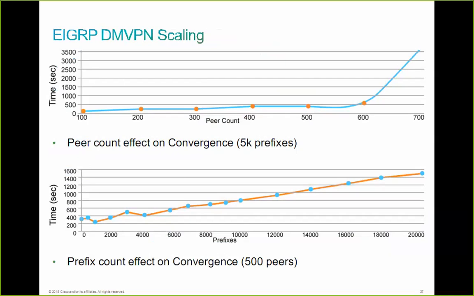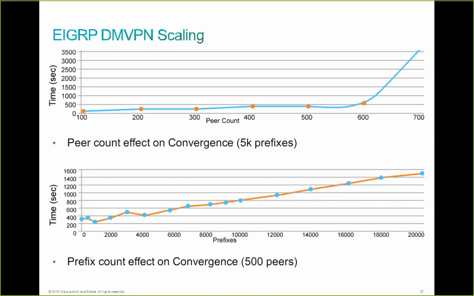Scalability of EIGRP over a DMVPN network does depend on several different factors, right? What is the depth of the topology? How many peers do I have? What are the number of advertised prefixes that I have in my DMVPN environment? But more specifically, what phase of DMVPN am I running? Right? Because we know that we have efficiencies that are gained by implementing DMVPN Phase 2 or Phase 3. So what we're looking at here is a chart that represents some labbed out results.